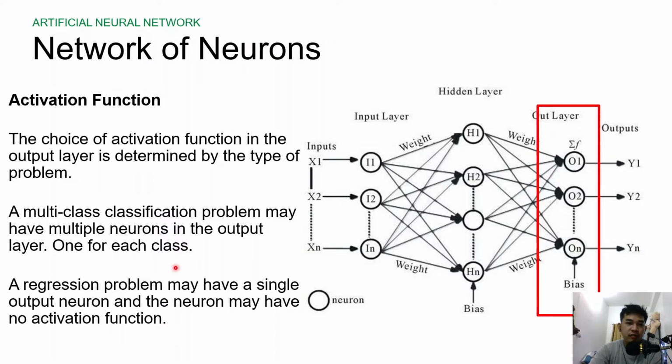Okay, so yung multi-class classification could have multiple neurons. Yung regression naman could have single output neuron lang. So, for example, sa diabetes, you could have two outputs, no? Like whether it is non-diabetic or diabetic.